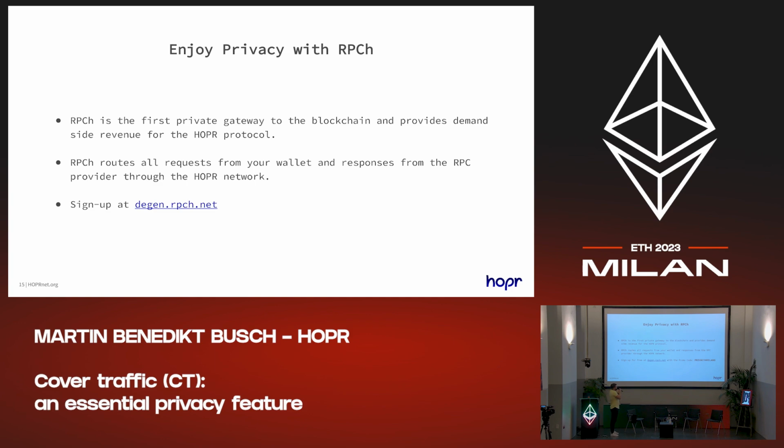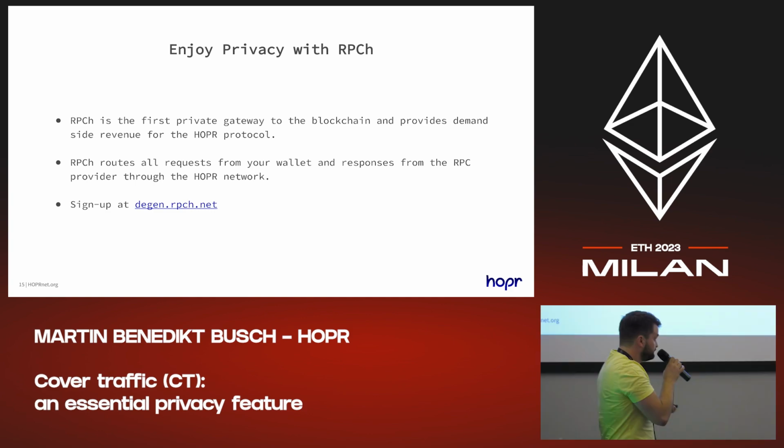But organic traffic comes from RPCH. RPCH routes all requests from your wallet and responses from the RPC provider through the HOPR network. That means if you connect to your MetaMask and install RPCH, then you can send transactions without leaking your metadata, for example your IP address, through RPC providers like Infura.